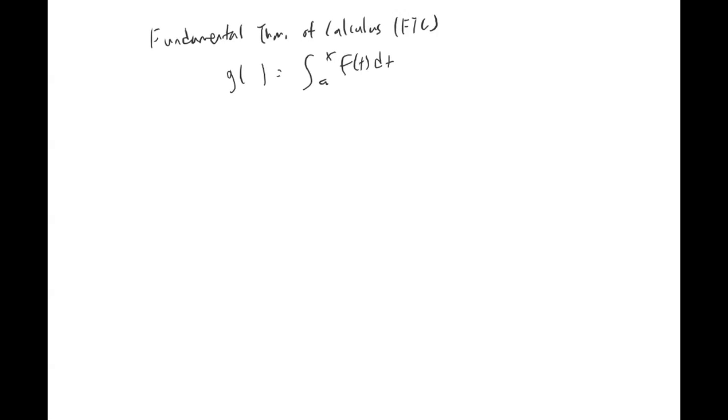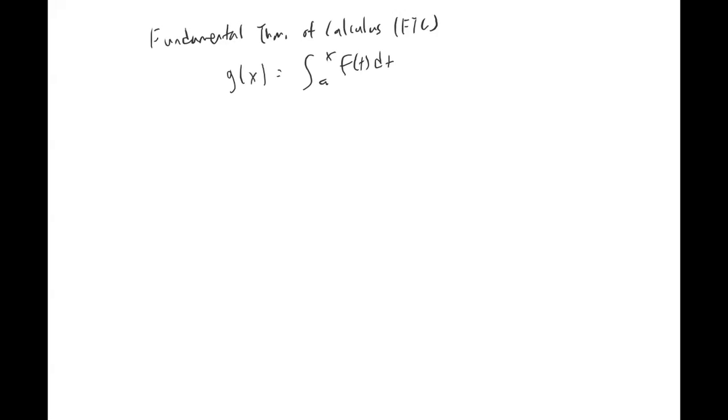It's a function of x, because if it were a function of t, plugging in g of 1 would give f of 1 d1, and I don't know what d1 means. So this is g of x.